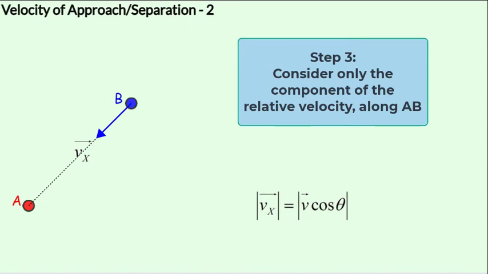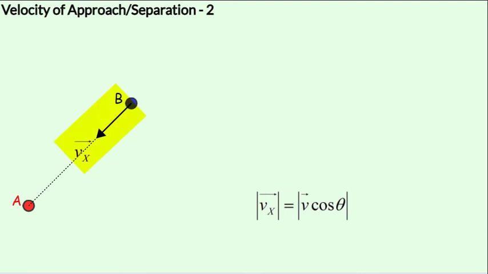We are interested only in the component of the vector along the line joining A and B, so we are interested only in Vx.